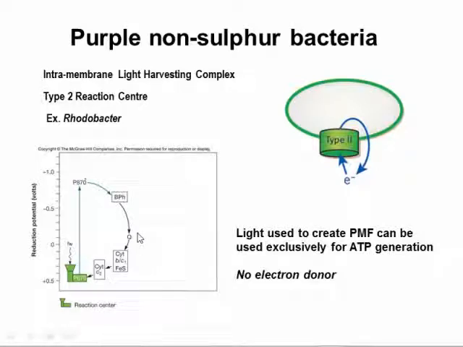The quinone cycle generates proton motive force because it picks up protons on the cytoplasmic face of the membrane and releases them on the periplasmic face. So here, you've got no electron donor, no electron acceptor, but the photosynthetic system is allowing the bacterium to generate a proton gradient.